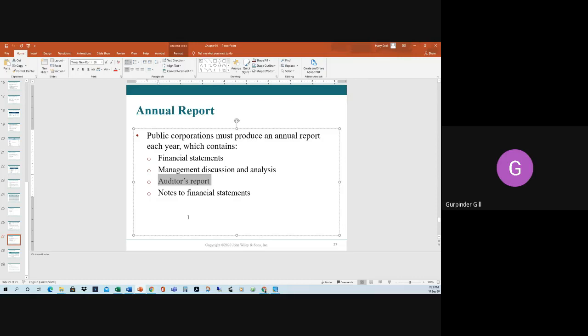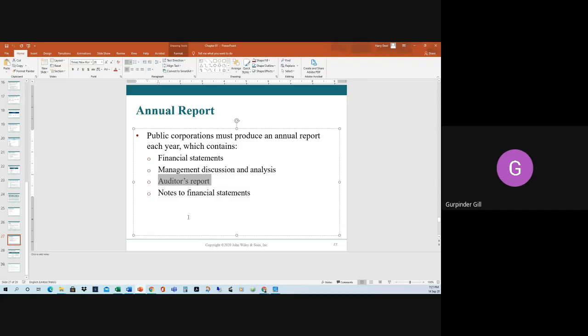Once the year wraps up, that's when we get our auditors. They come in, look at our financial information, and express their opinion about it, to say whether they are satisfied with it or not. Once that audit completes, they issue us an auditor's report, which is the first page of the financial statements. Does that work?